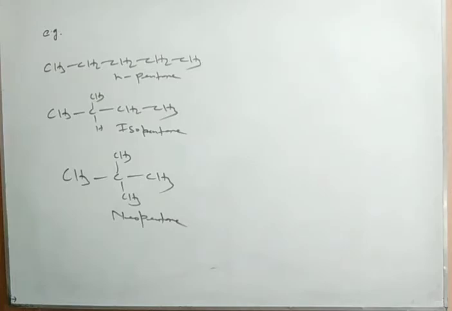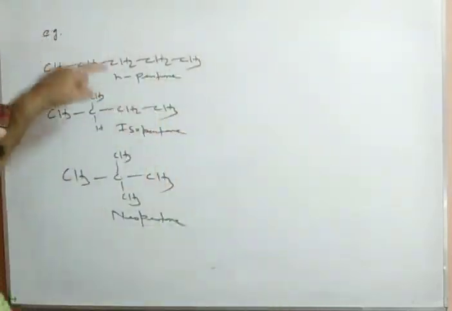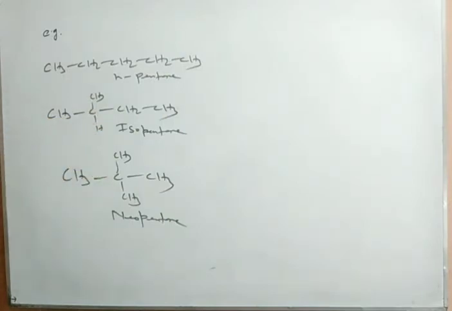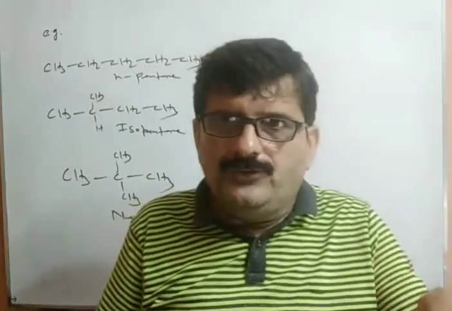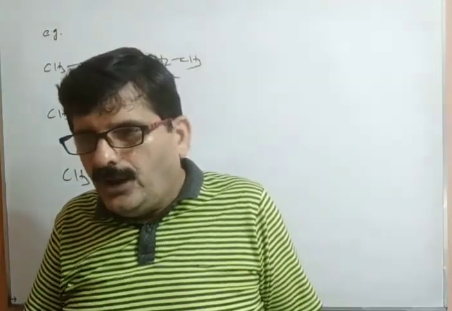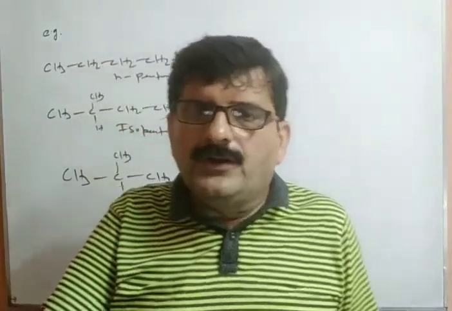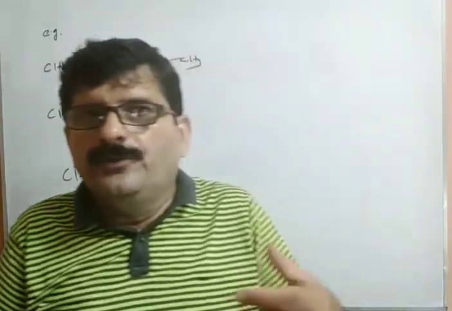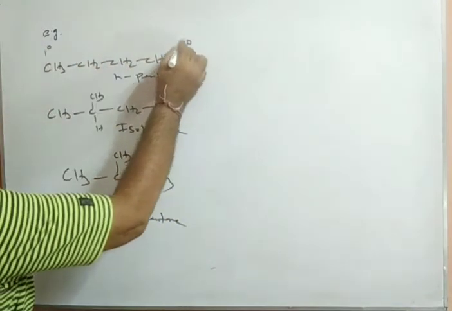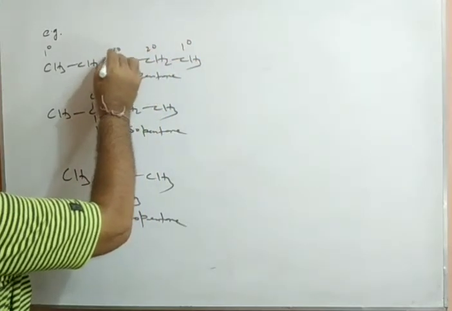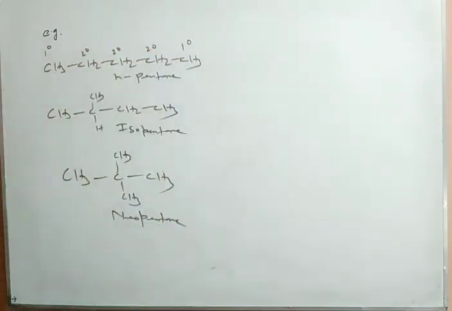How many alkyl groups can form if different patterns of alkanes are given? First you decide how many types of degree of hydrogen atoms are present. The number of degrees of hydrogen atoms decides how many alkyl groups you can form, which helps to predict the number of structural isomers. Here the carbon atoms are 1 degree, 1 degree, 2 degree, 2 degree, 2 degree.